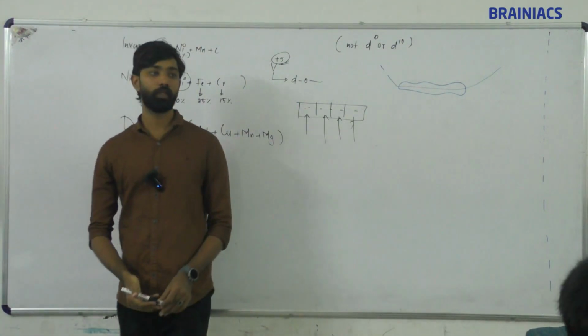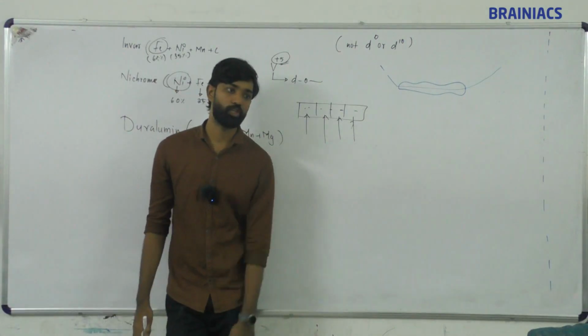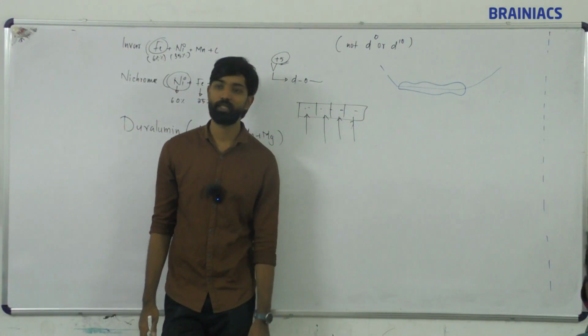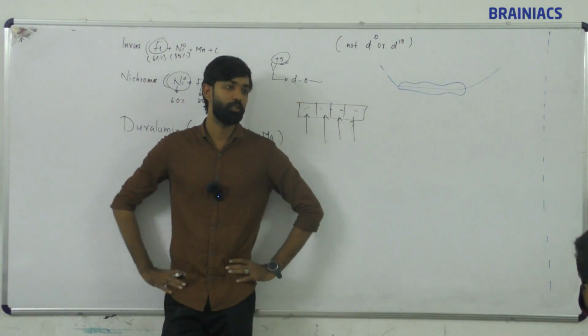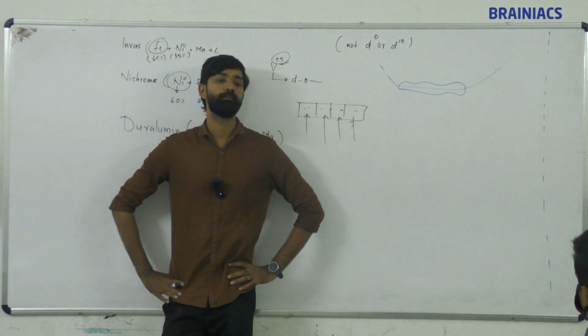The d orbital should be partially filled, then only the excitation is possible. Okay, partially filled d orbital.